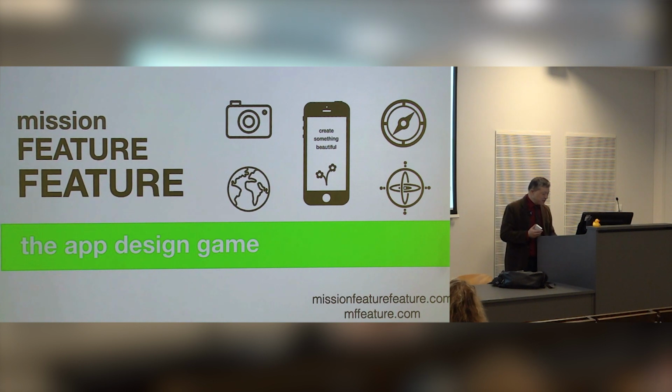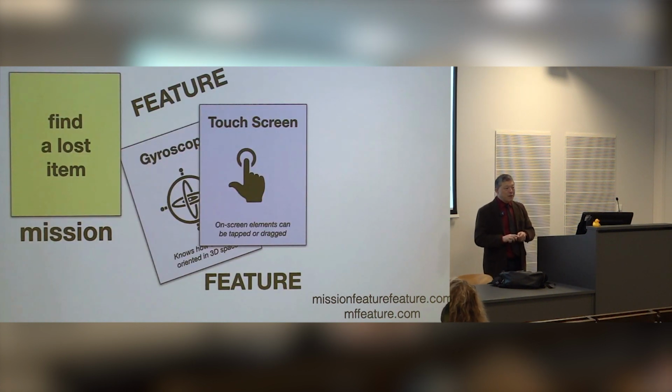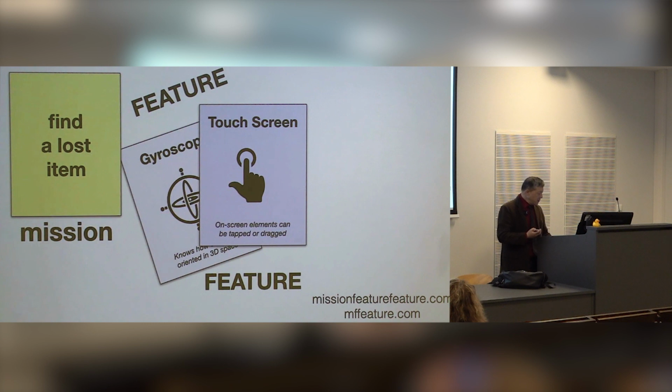And the idea with Mission Feature Feature is you have a mission, so you have these cards, and they're all designed to have different missions, and you have different features as well. And so I'll break the kids up into groups, and I'll give each group a mission and 2 features. And I'm going to say, okay, design an app that satisfies that mission and uses both of those features.